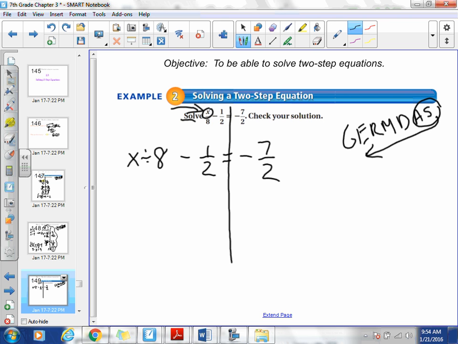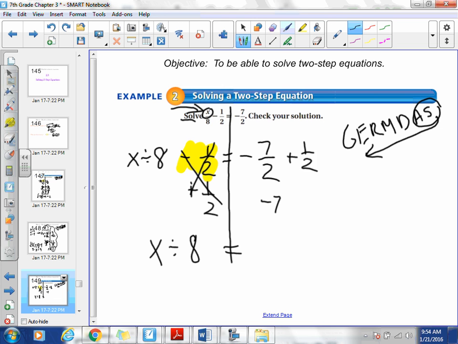First, we're getting rid of things that were added or subtracted from our variable. So they subtracted 1/2. The opposite of that would be add 1/2 on both sides. All right, negative 1/2 and positive 1/2 make 0. So we're left with x divided by 8 plus 0, which is just x divided by 8.